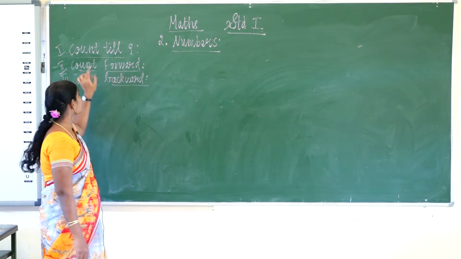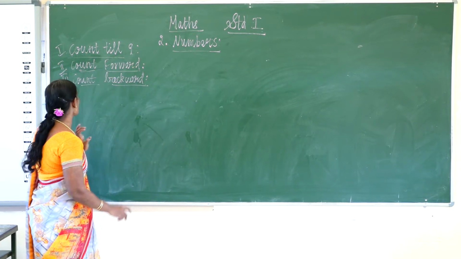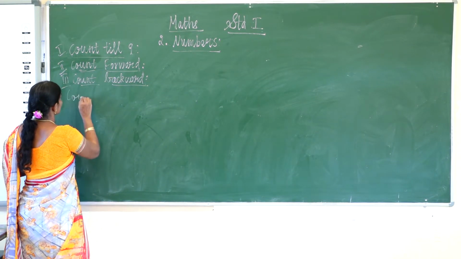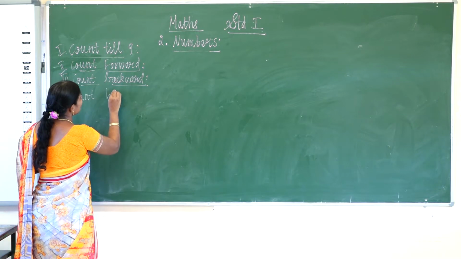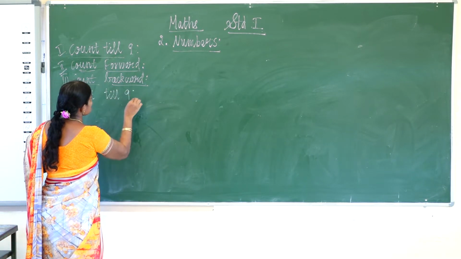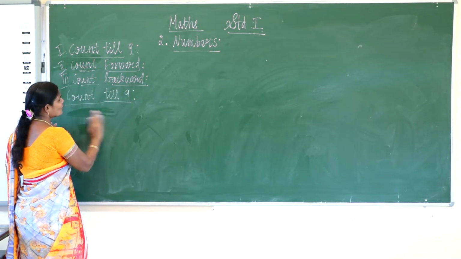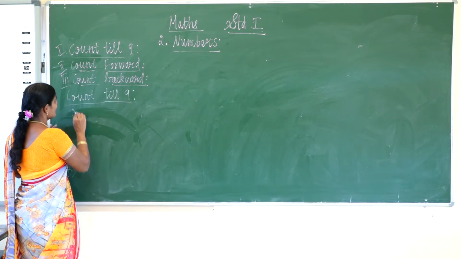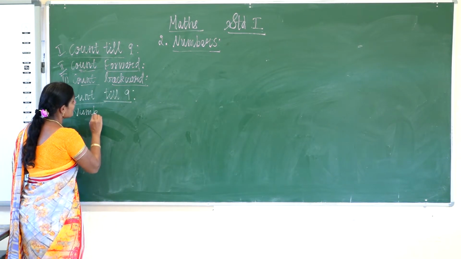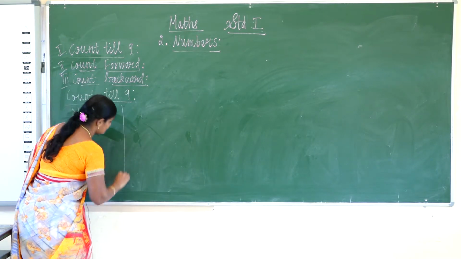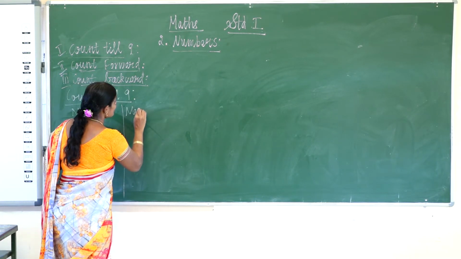Okay. So first we see count till 9. Up to 9 we count. First, write the number. What's the number?